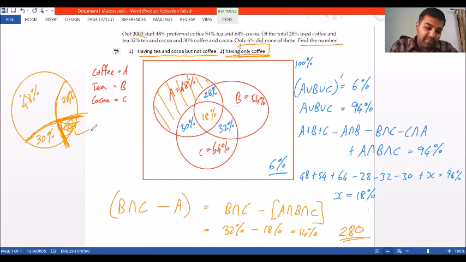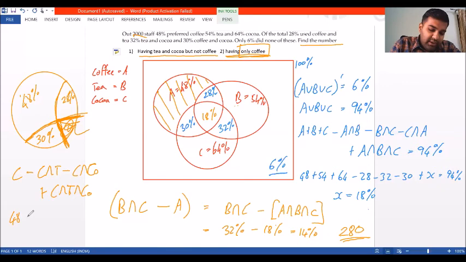So I have to add it back. So only coffee means C minus C intersection T minus C intersection CO plus C intersection T intersection CO. So I get 48 minus 28 minus 30 plus 18.